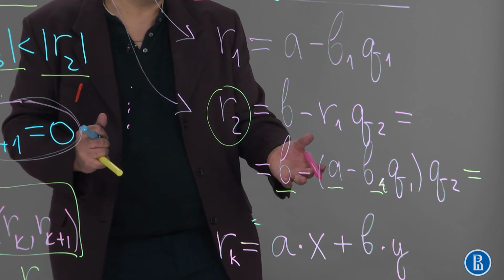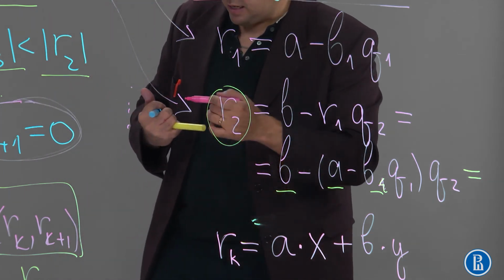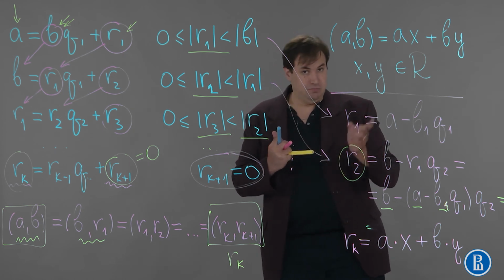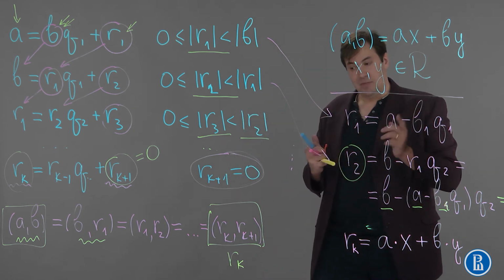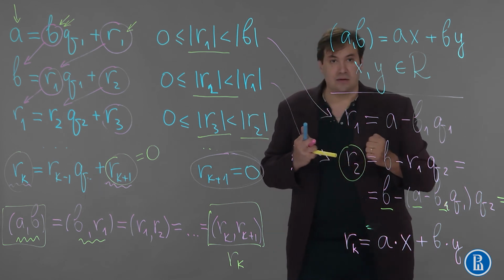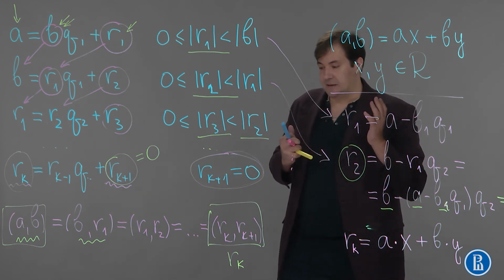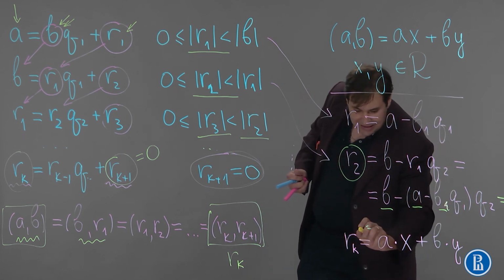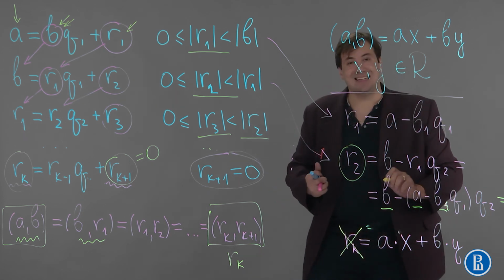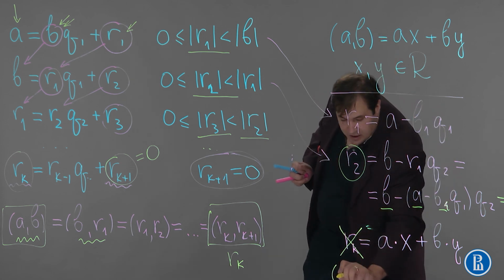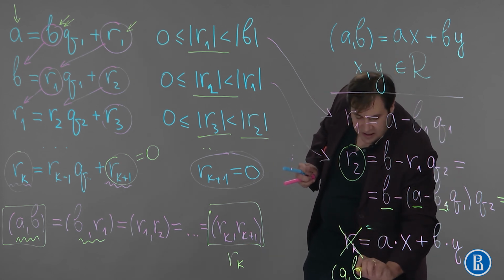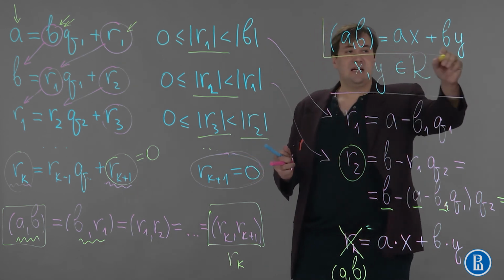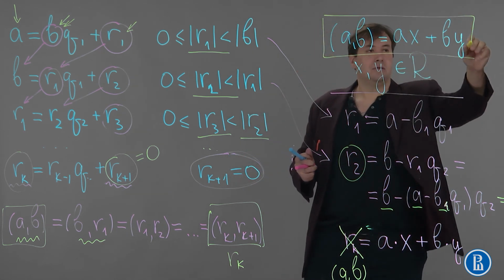This way, the last remainder has a linear representation in A and B, but let's just remember that the last remainder is none other than the greatest common divisor. So instead of the last remainder, here we have the greatest common divisor of A and B, and thus our statement is proved.